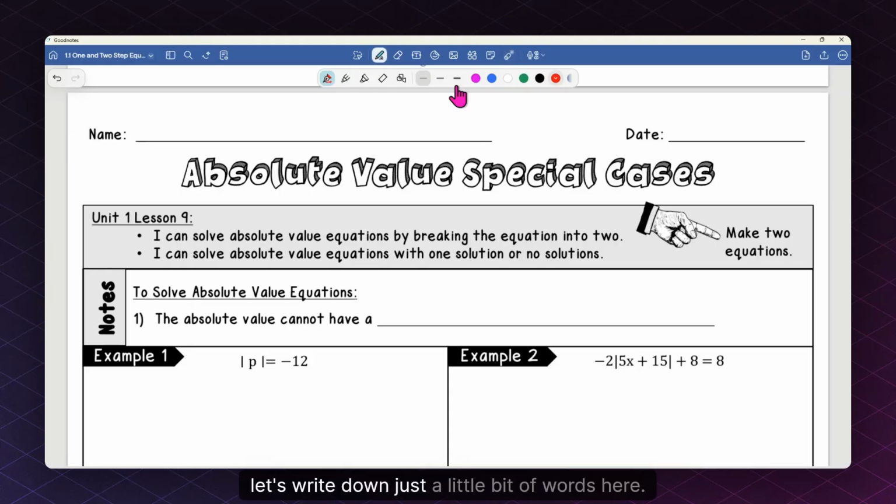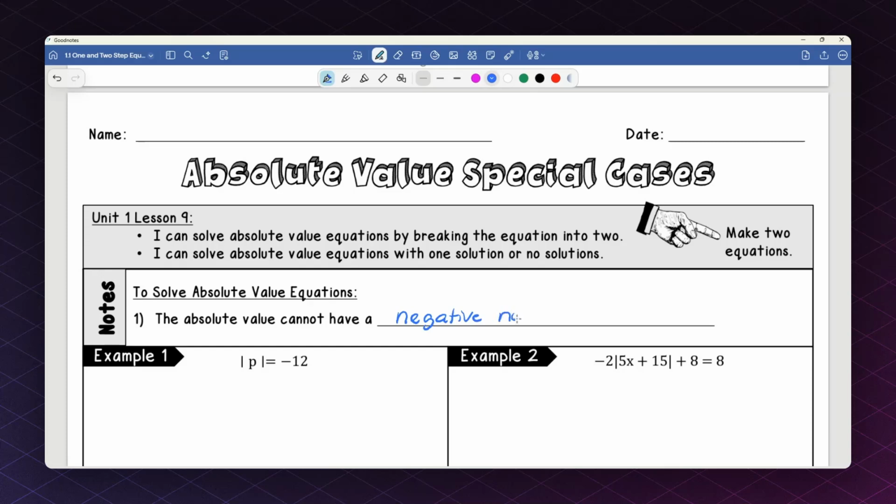Well, let's write down just a little bit of words here. It says to solve absolute value equations, the thing you've got to know here is the absolute value cannot have a negative number once isolated.